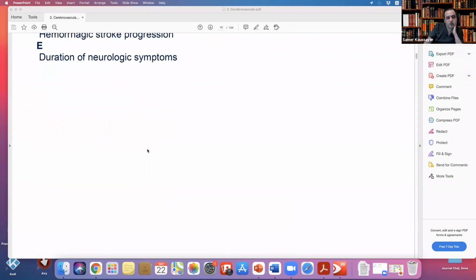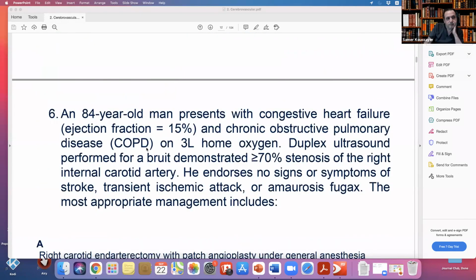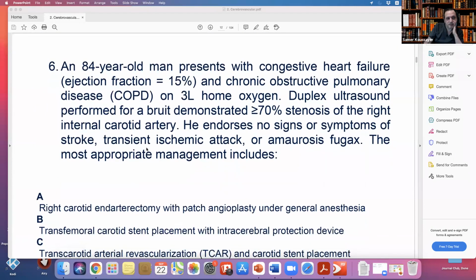All right, let's take the next question. Maybe this one is special. An 84-year-old man presents with congestive heart failure, ejection fraction 15%, and chronic COPD on 3 liter home oxygen.